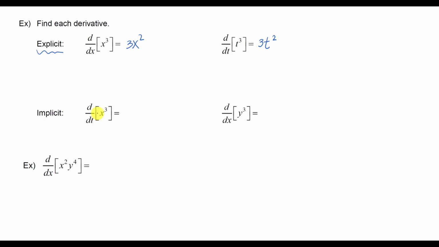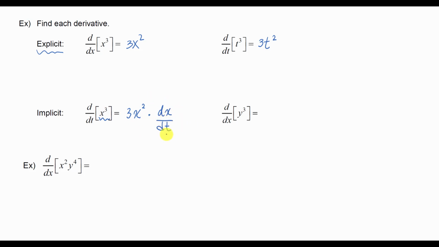However, now if you are taking the derivative of the same x cubed, but with respect to t, then we are assuming this x is a function of t. So it's a function raised to the power 3, and you need to use the chain rule here. By the chain rule, you take the derivative of the outside function first, which is 3x squared, and then you take the derivative of x with respect to t.